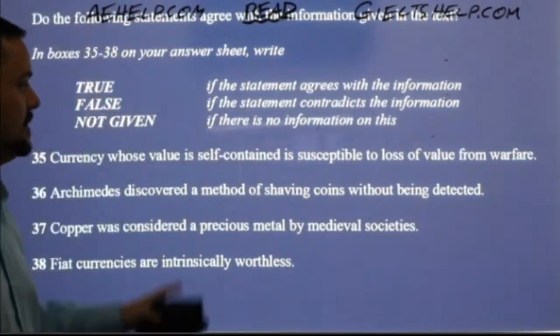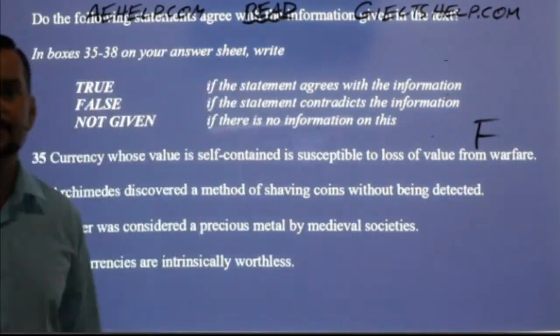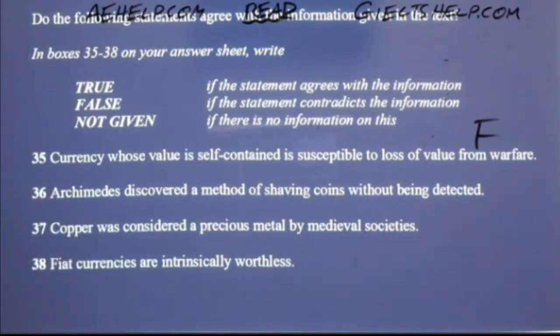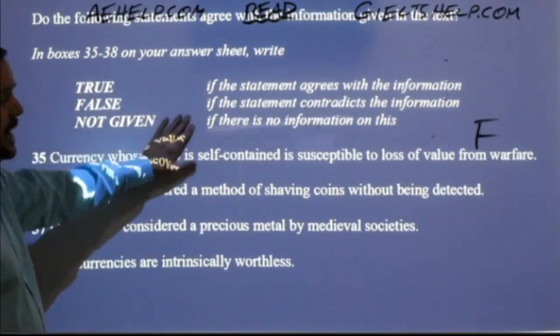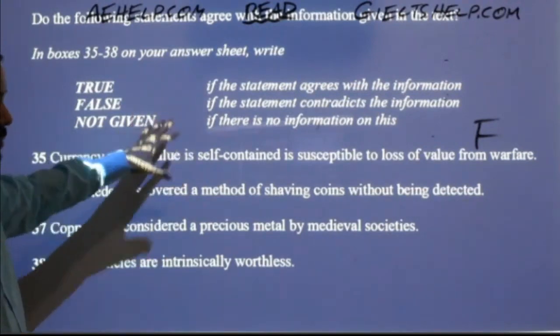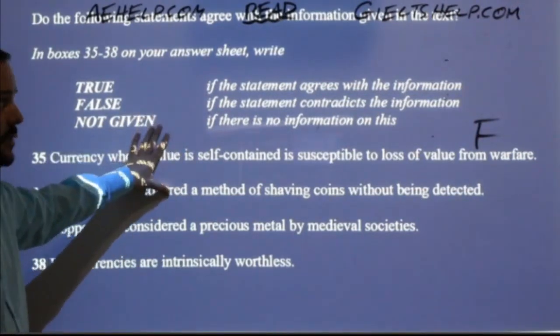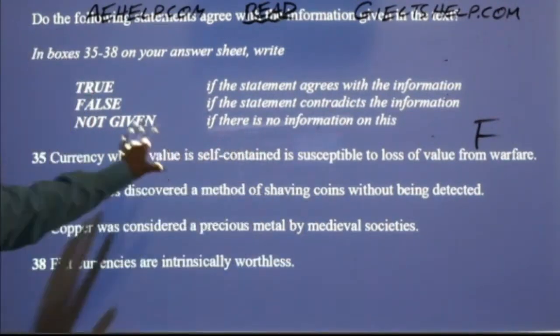So then this has to be confidently false, okay? Remember, too, members, that the IELTS does not lie, so they wouldn't give you untrue information. The fact in the world is that currency that has self-contained value becomes very valuable during warfare.